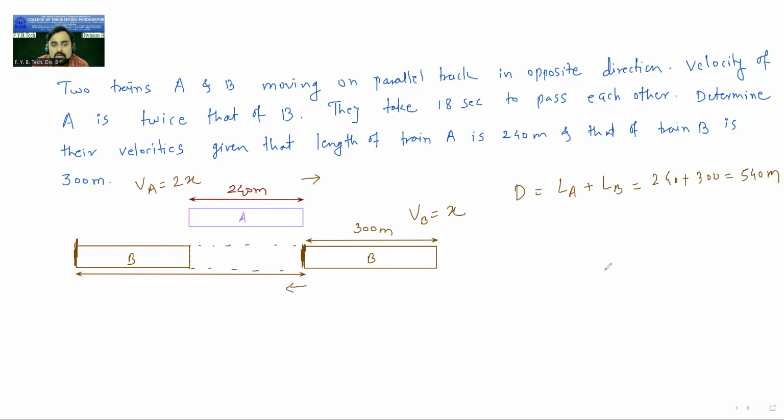This is the total distance. Now what is the speed? The speed of train A is 2x and the speed of train B is x. And how much time is required? T is equal to 18 seconds. For this the time required is 18 seconds.